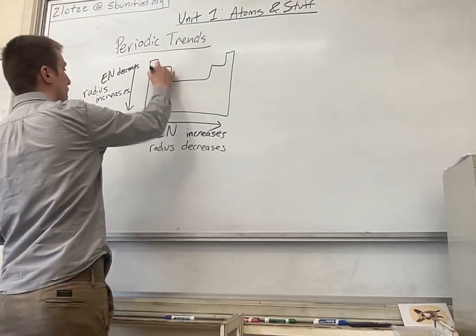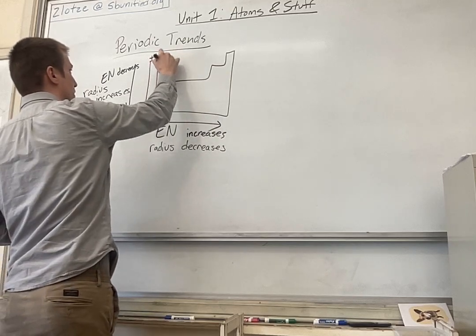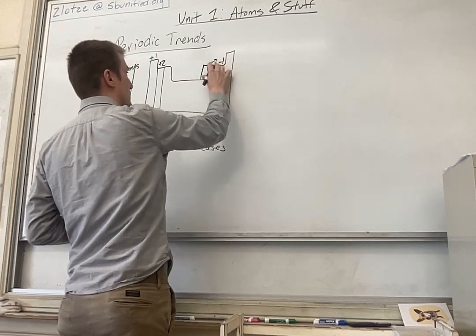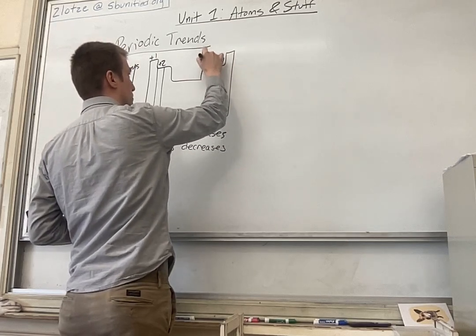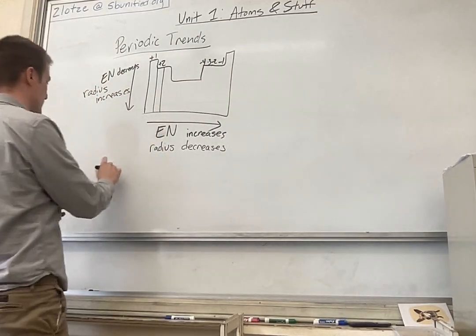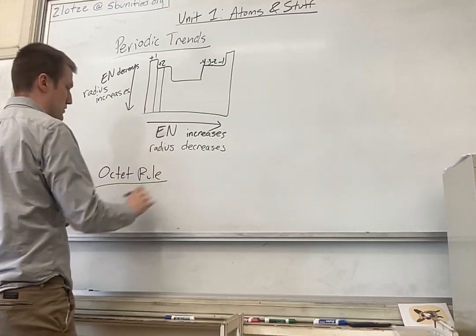One other thing here, ions. +1 ions, +2 ions, -1, -2, etc. Those are your ion charges. This comes from the octet rule.